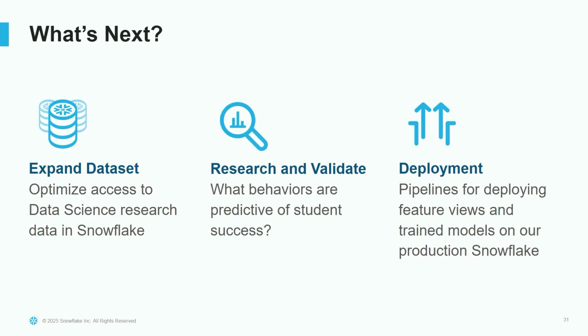So what is next? We're coming up on the end here. What is next is, I talked about some of that future state architecture that we are currently working towards. We're doing a lot of research and exploration on this project, but to really unlock and accelerate this work on future projects with what we've learned, we need to expand our data set that we have access to within the dev instance that's coming from the prod client data.